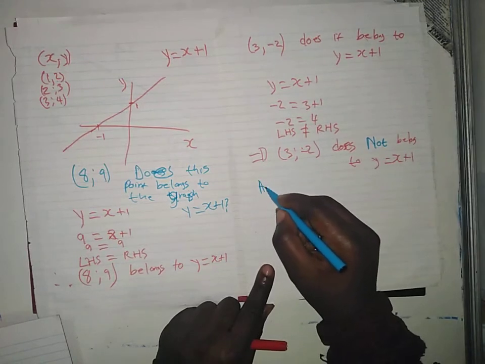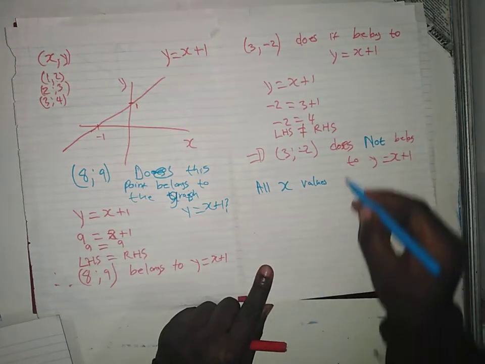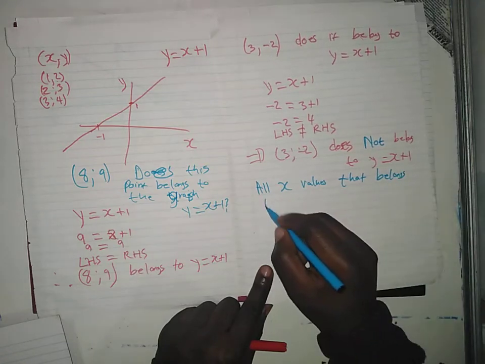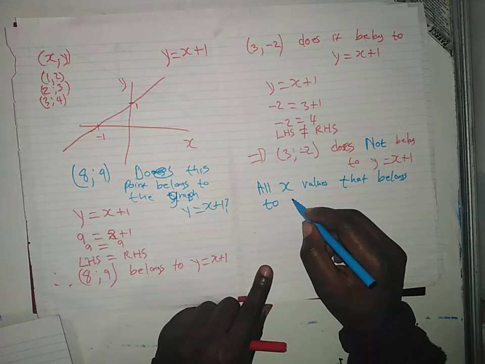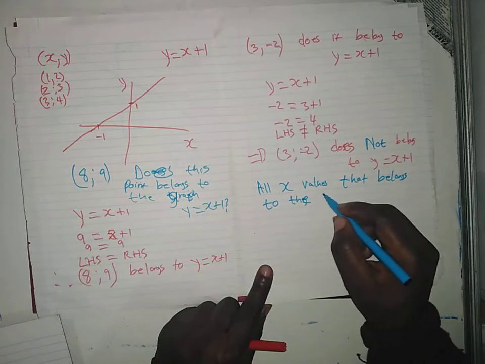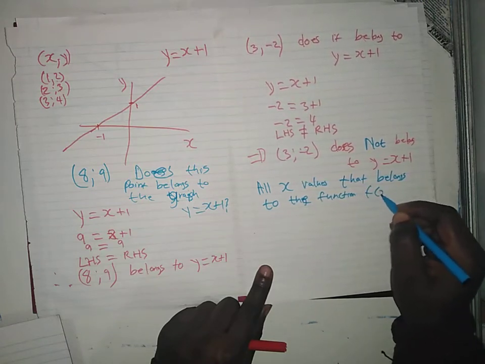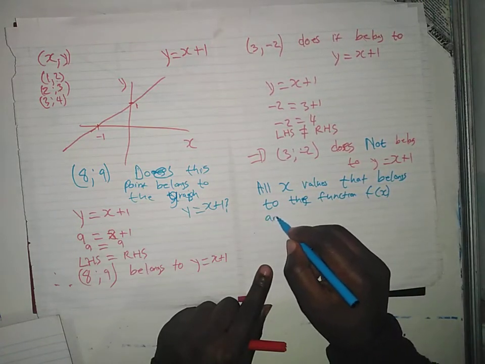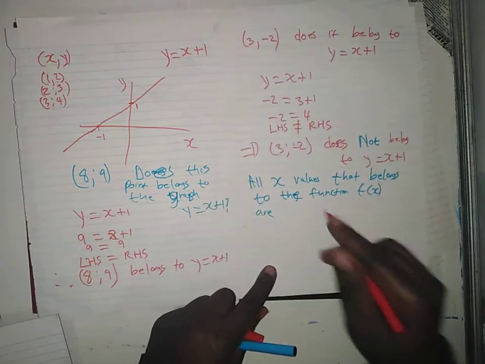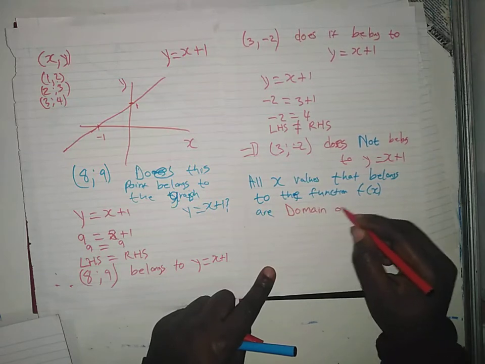So, all x values that belong to the graph, so to the function, this means I say function f at x, are a domain of f at x. Domain of f at x.